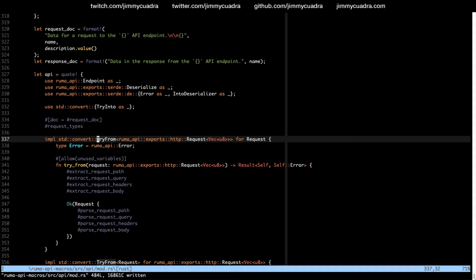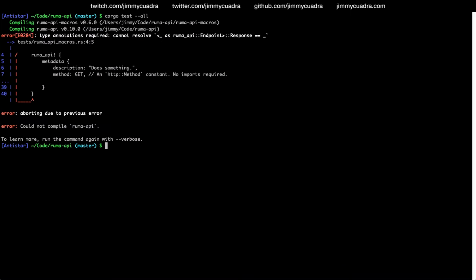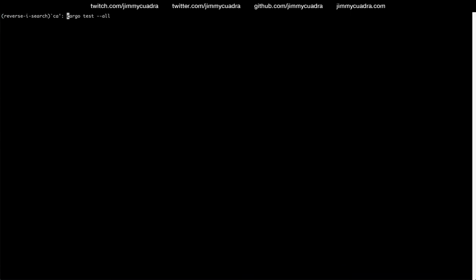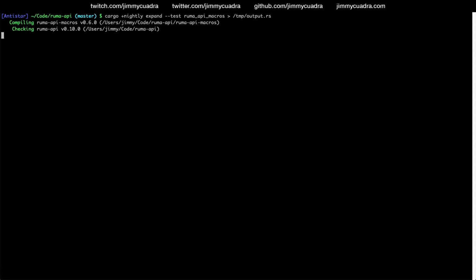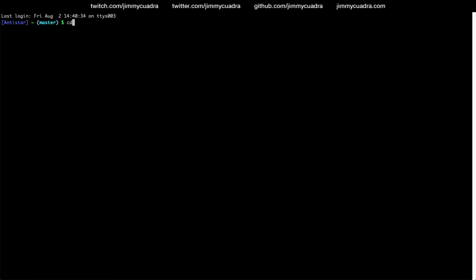I'm not sure where that error is originating, so maybe what I'm going to do is try cargo expand again. Let's expand the generated macro code to temp output. And then let's just make a new tab and we'll go into temp.